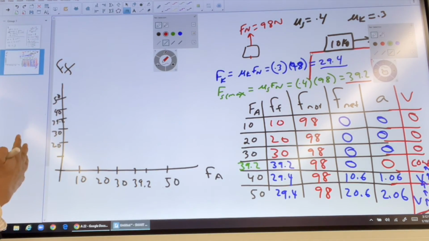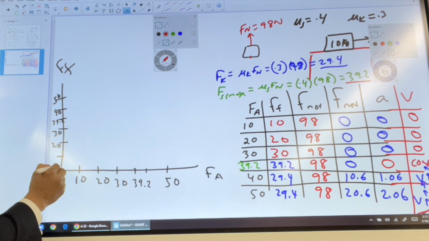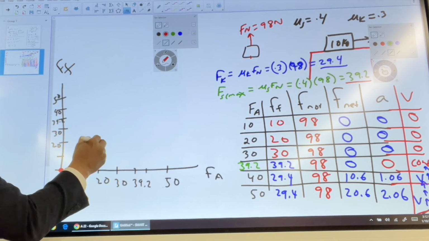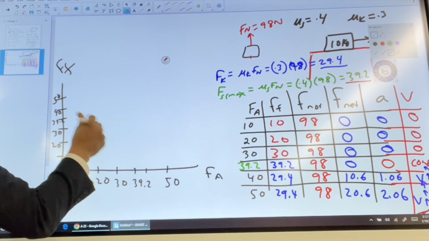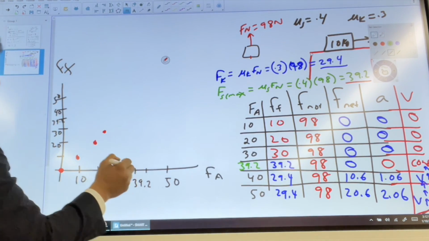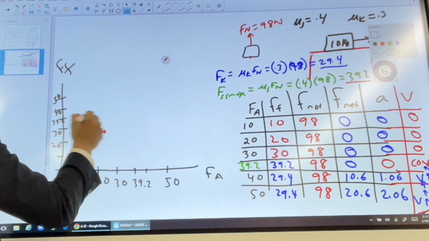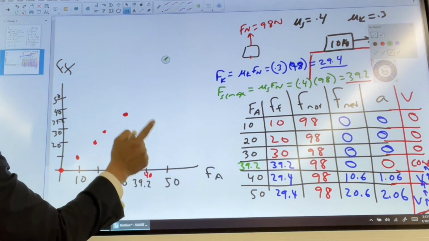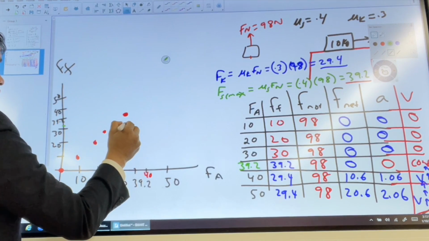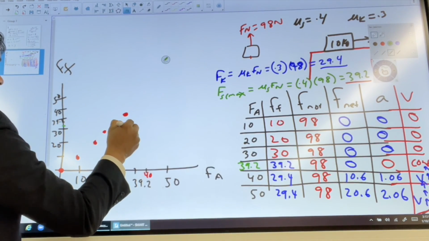If applied force is 0, then force of friction is 0. If applied force is 10, then force of friction is 10. If applied force is 20, force of friction is 20. If applied force is 30, force of friction is 30. If applied force is 39.2, force of friction is 39.2. Then it drops to 29.4.